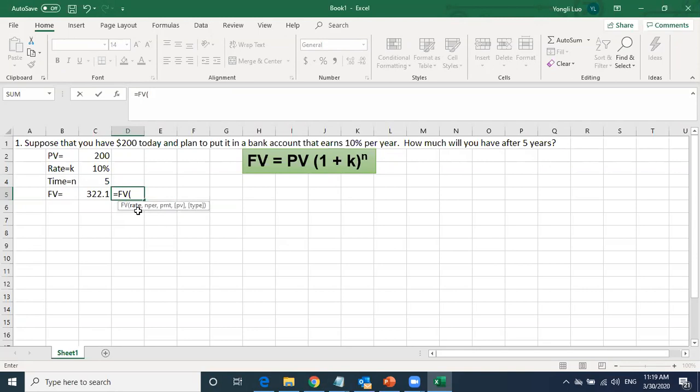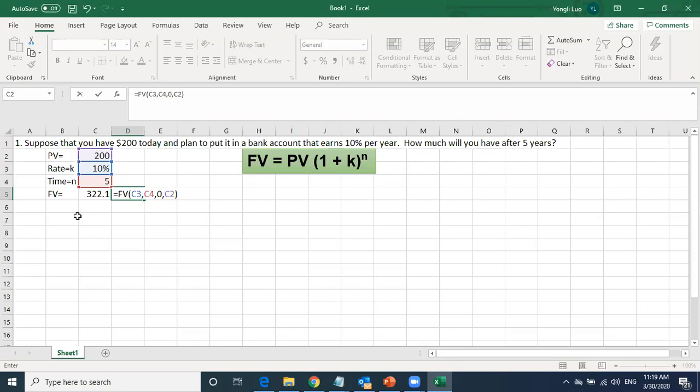You choose the rate, 10%, then the number of time periods, then payment. There is no payment because this is a one-time thing, so payment is 0, and present value is 200. We will talk about type later; by default it is 0. Then close the parentheses.